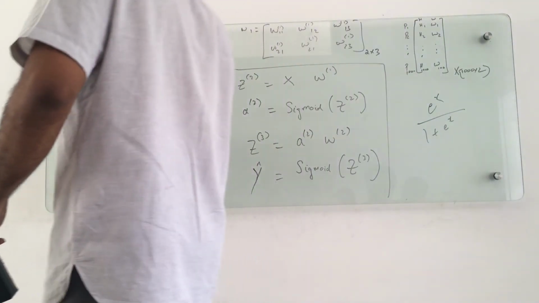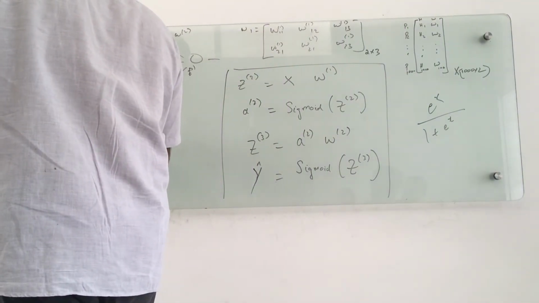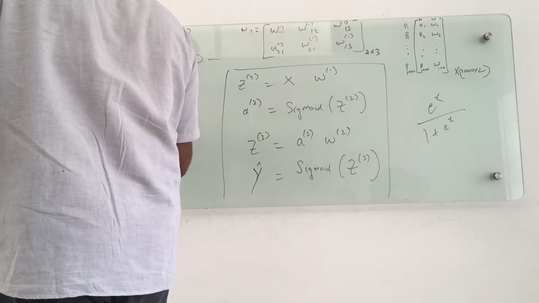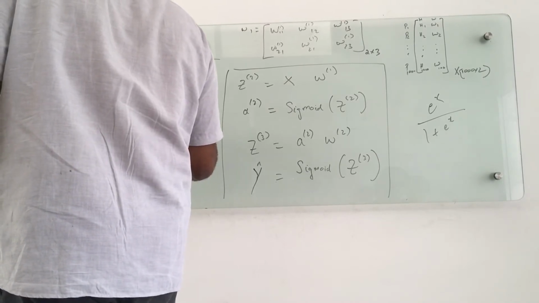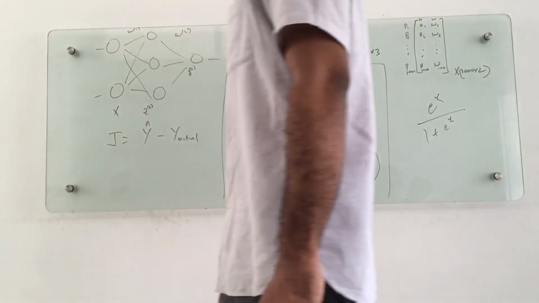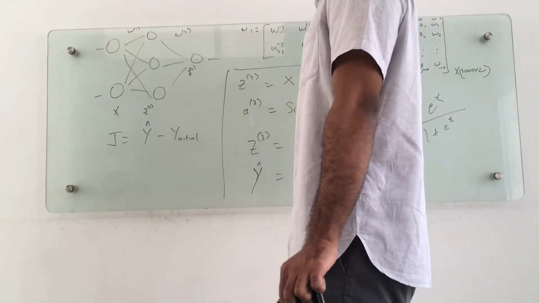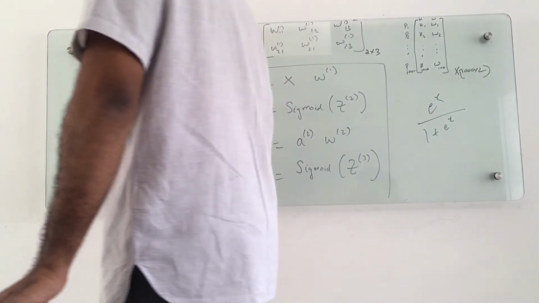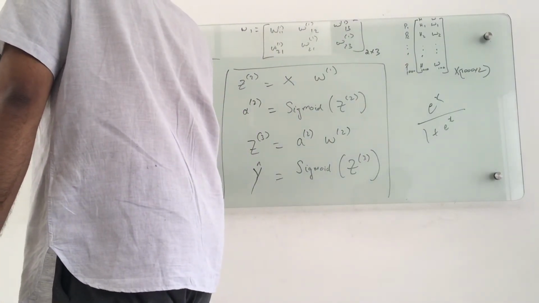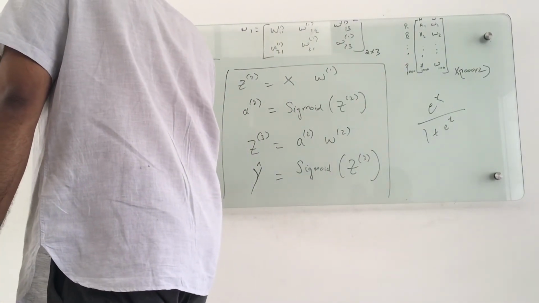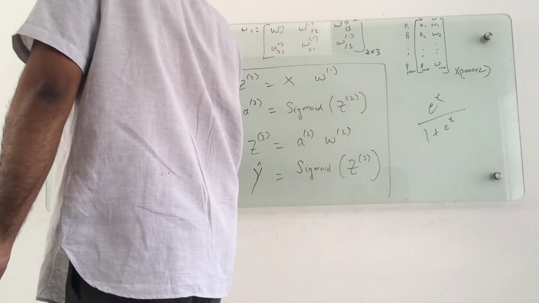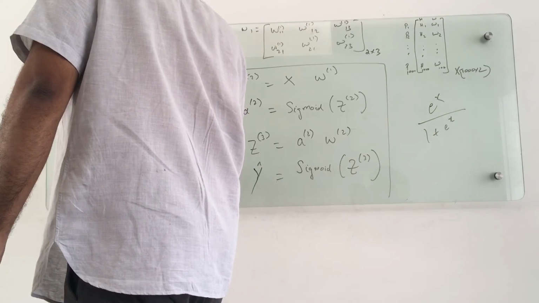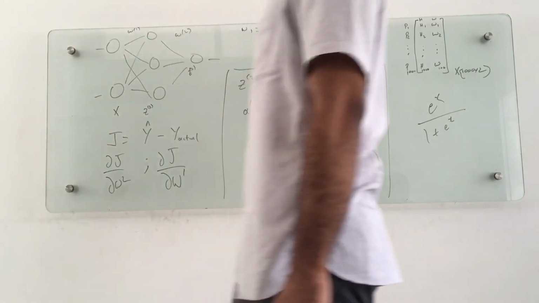Your error function J is y predicted minus y actual. Now differentiate this with respect to W2 and differentiate it with respect to W1.